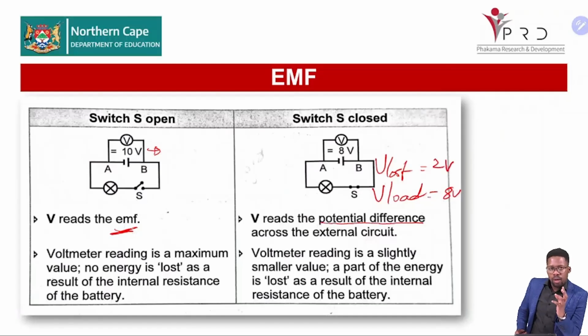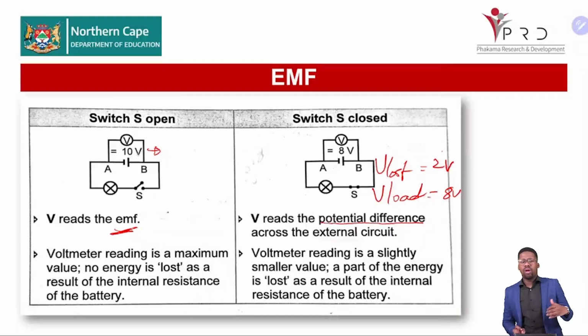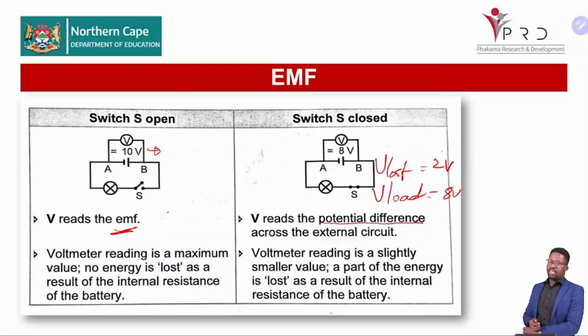So that is why the formula for EMF is equal to V load plus V lost, which is 8 plus 2, which will give you the EMF, which is 10. So when the switch is open, it reads the EMF. When the switch is closed, it reads the terminal potential difference.